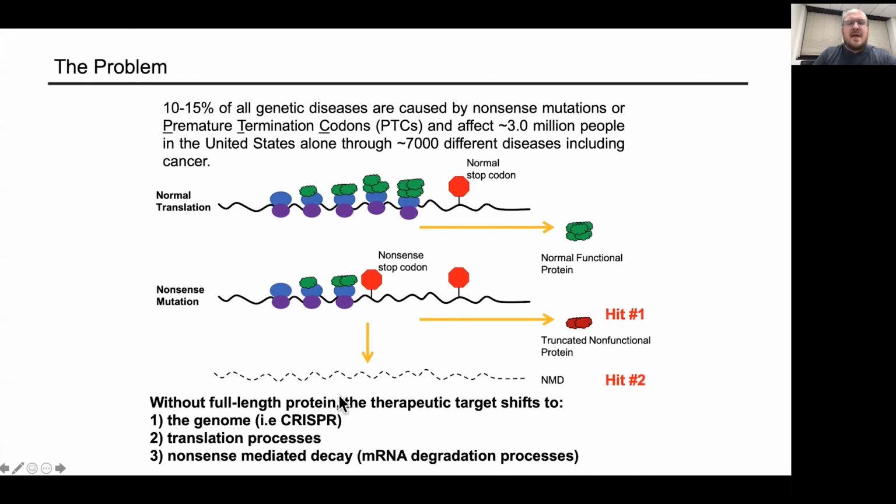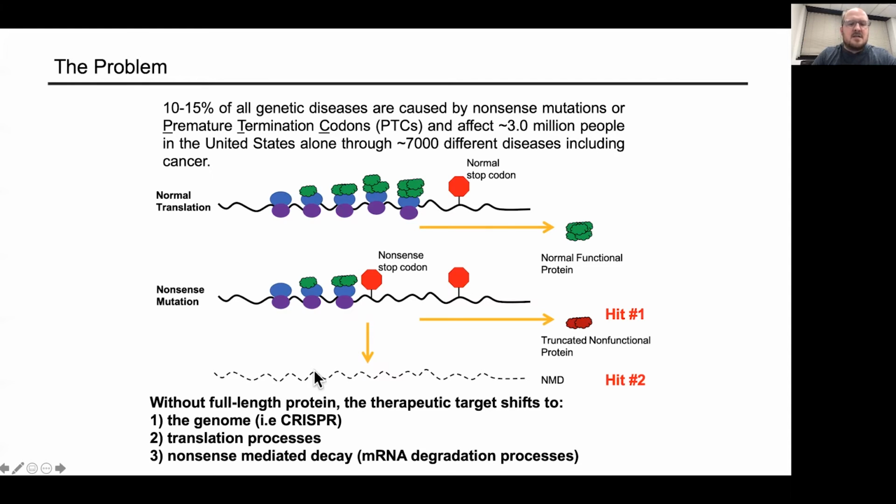And so now, without protein, the therapeutic target must shift to either the genome, where techniques like CRISPR can be used to fix the genetic misstep. You can target the translation processes, and several groups have been successful in finding small molecules that bind to the ribosome and promote read-through of PTCs and full-length protein.